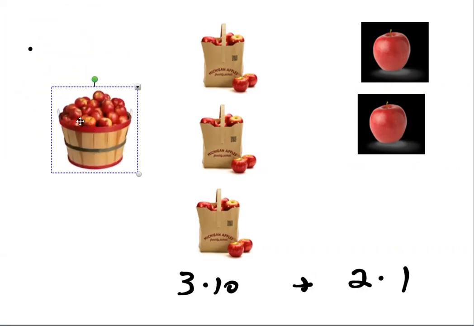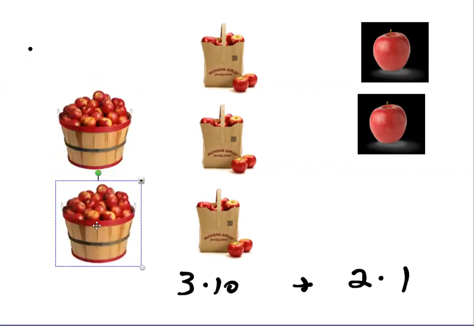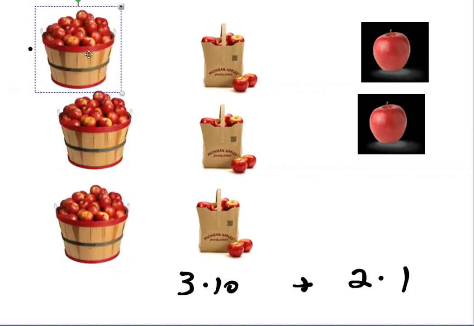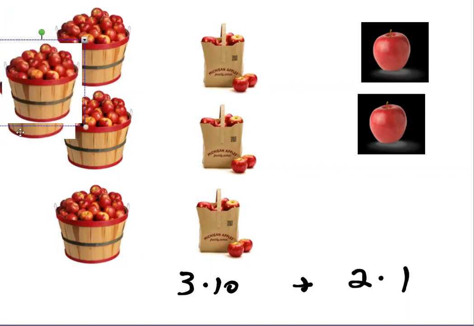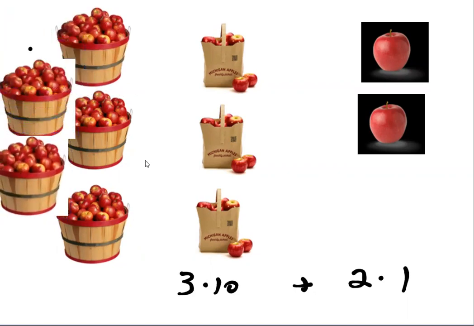And if I toss in a bushel of apples here, let's make a few more of these. So now I have 5 of these, and so on, right? That's what multiplication means.